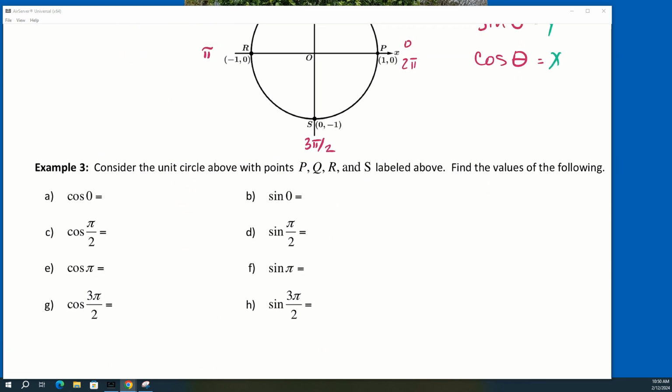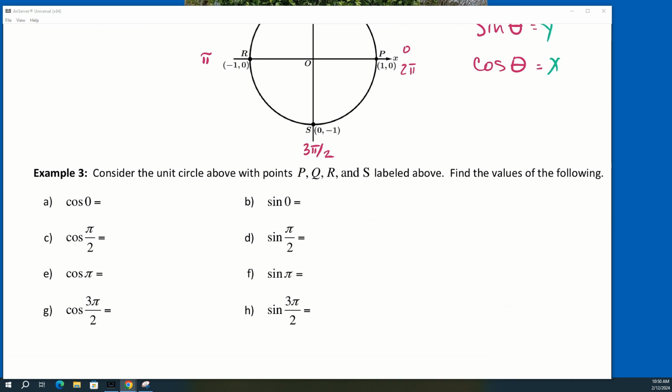Okay. So when I want to find the cosine of 0, I go to where 0 is, I go to the ordered pair, and I just use the x-coordinate. If I want to find the sine of 0, I go to 0, go to the ordered pair, and I just use the y-coordinate. All right, so you guys try those other 6 for me.